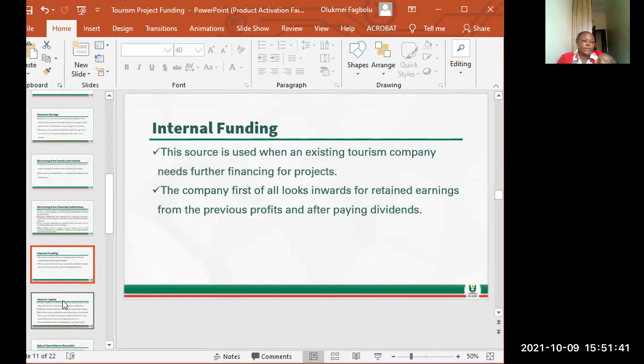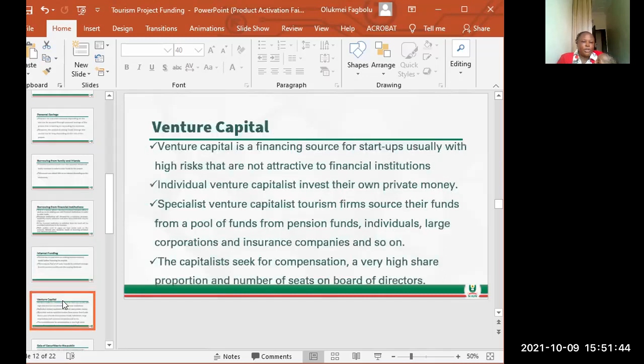Then after internal funding, we have venture capital. Venture capital is a financing source for startups, usually with high risks that are not attractive to financial institutions. As I mentioned, when we were treating borrowing from financial institutions, when you submit your proposal to these financial institutions and they feel that the risk is high, the profit is low, if we lend this person money, how is it going to pay back?